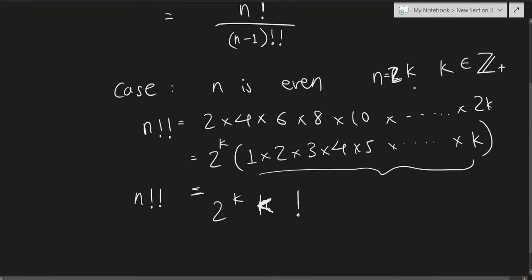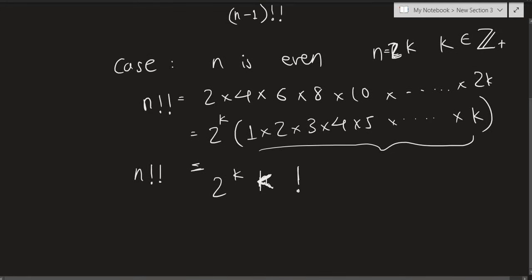So if you had say 5 even terms, this would just be 2 to the 5 times 5 factorial, right? So that's the case for when n is even.